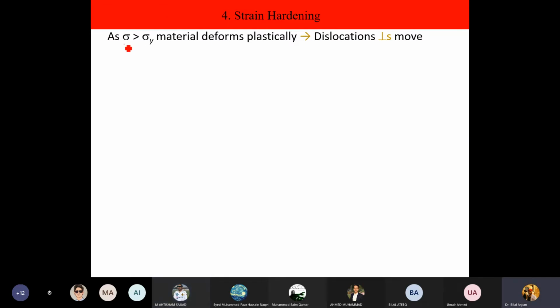It says that as the stress is increased beyond yield stress, the material deforms plastically. This means that dislocations are created and dislocations move.